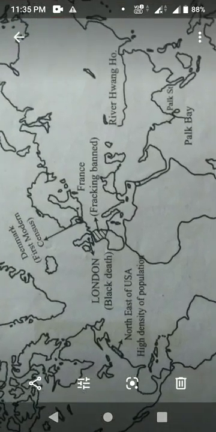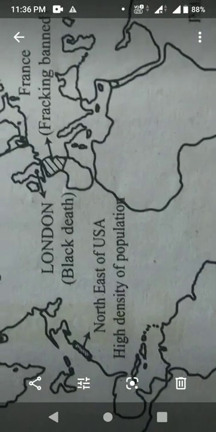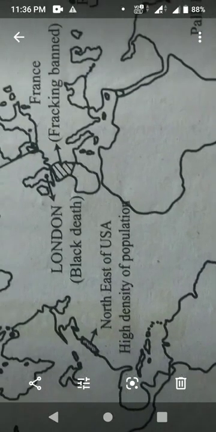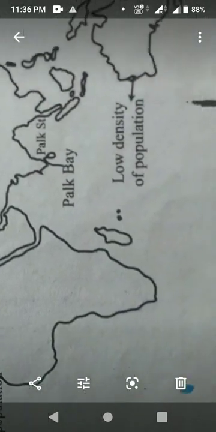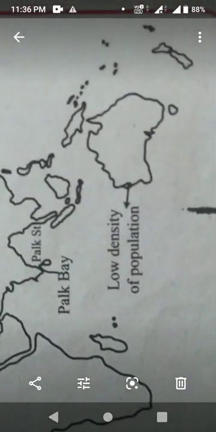In Europe, which is the high density of population? So you can see here, isn't it? Northeast of USA, high density of population. Second one, an area of low density of population in Australia. Australia continent, low density of population.